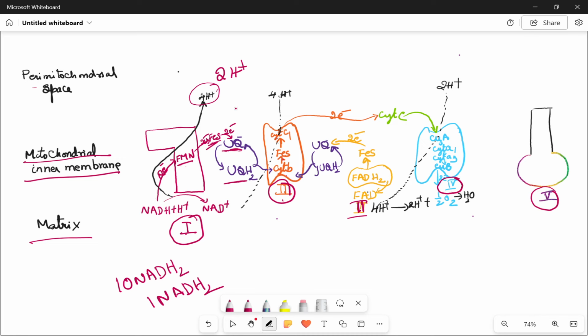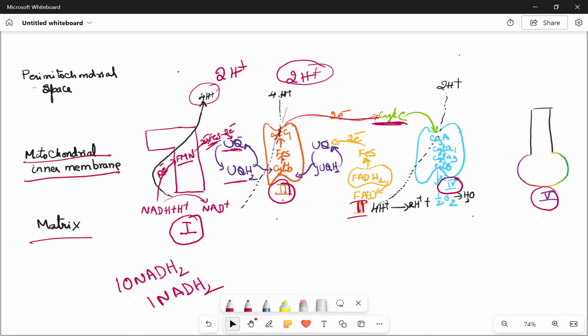So these electrons are passed from cytochrome B to FES, FES to cytochrome C1, and from cytochrome C1 to cytochrome C. While these electrons are passing, again 2 protons are released from the matrix.